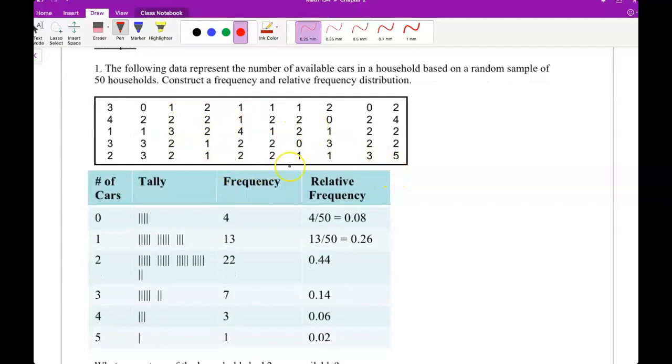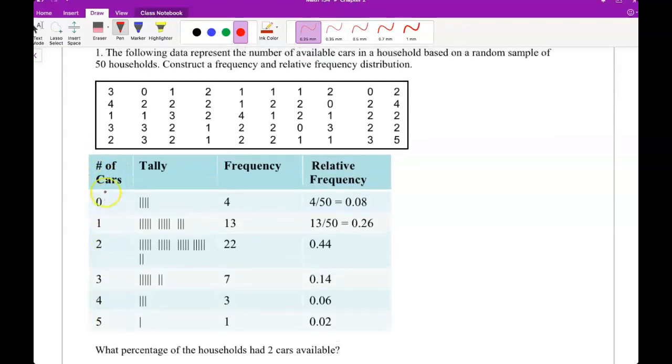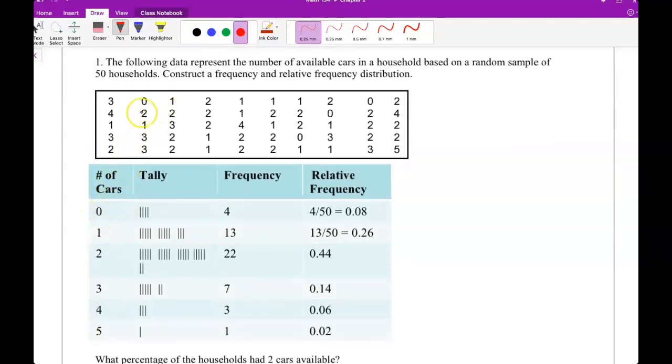Okay, so we have all this data and we already have this information for frequency and relative frequency. The first column is number of cars. Here we have 0. See how many zeros we have in this table. We have 1, 2, 3, and 4. The second column we used tally, and the third one for frequency.